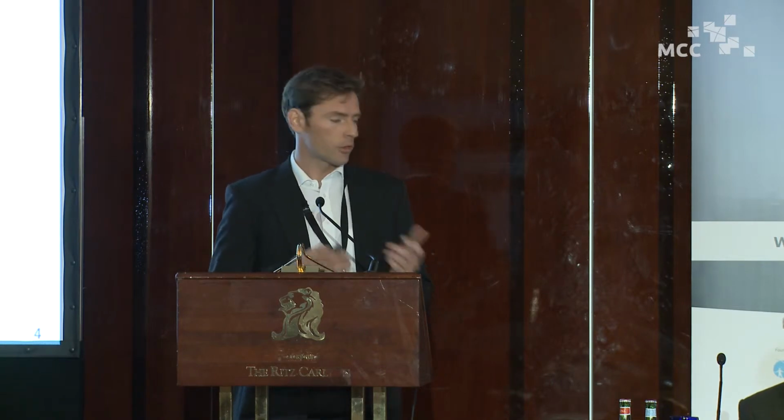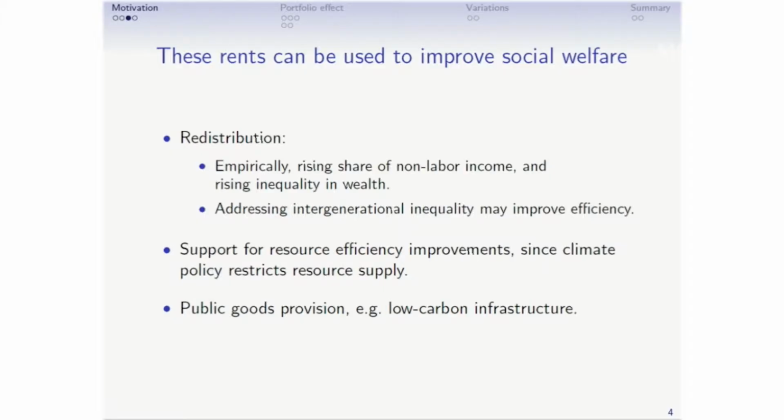So if the public sector collects those rents, it can then still, and that's a traditional view, use them for a number of things to improve social welfare. I'm not going to talk about a double dividend here. Of course, that's one option. But here, this is more the traditional perspective, the redistributional issue.